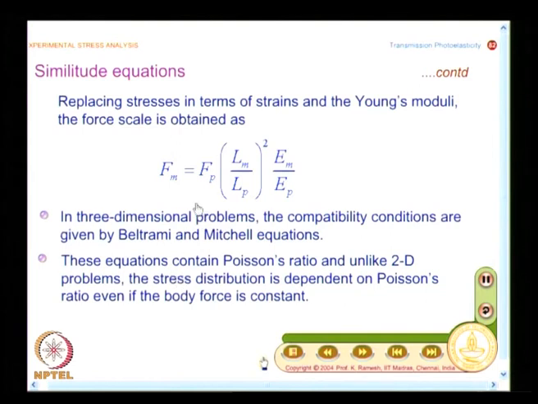And what you find here is, by using this scale for finding out the force to act on the model, we maintain certain kind of similarity on the strain levels. And mind you, this is obtained with the assumption that Poisson ratios are same. So, it is not going to be same between the model and the prototype. So, we need to keep that also in mind when we are looking at the model study.